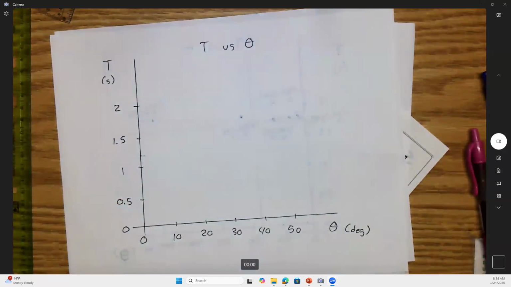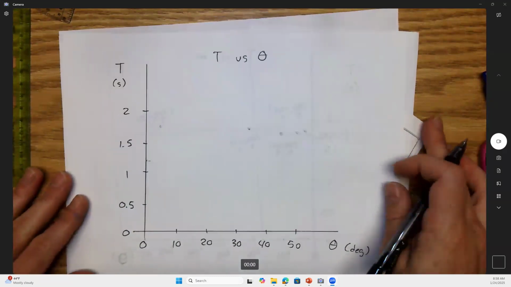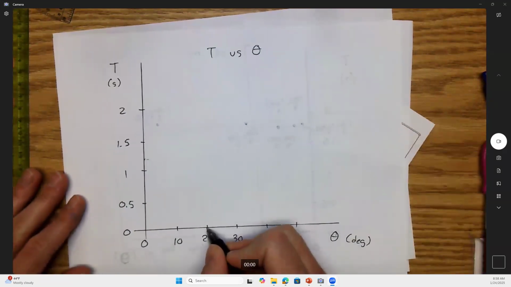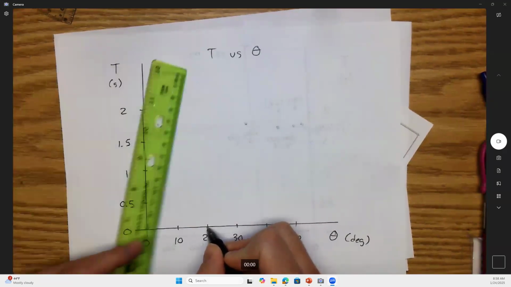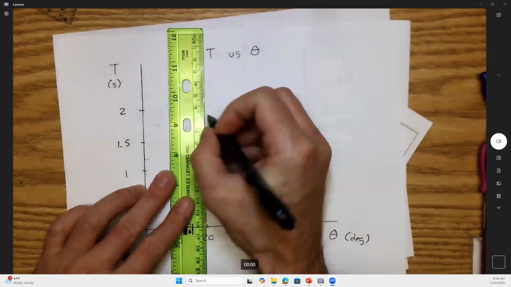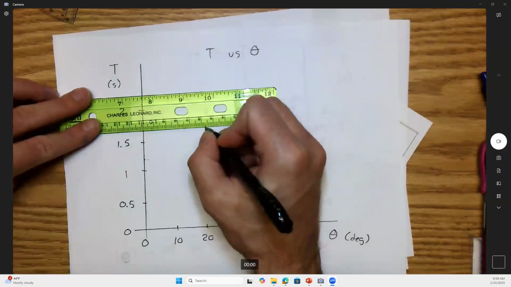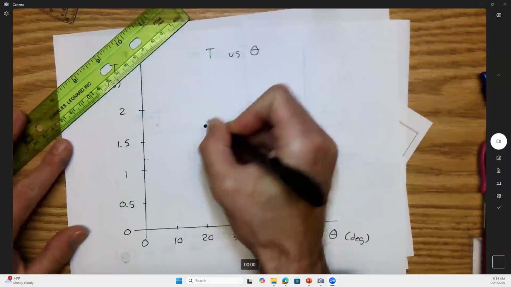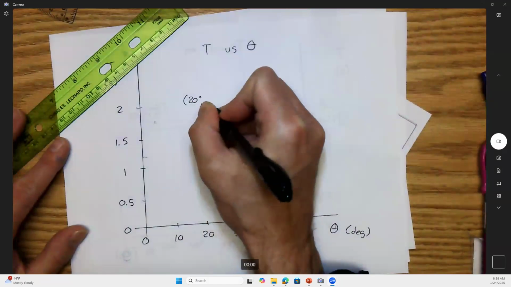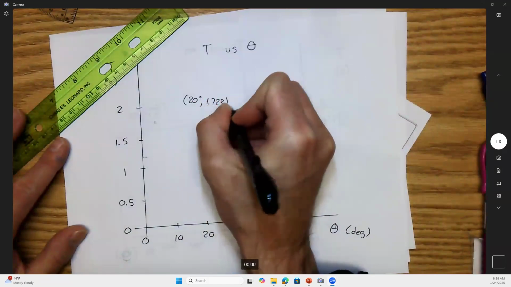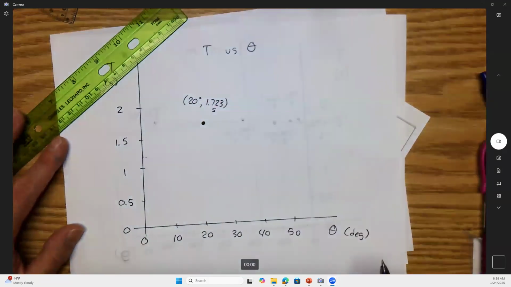What's one coordinate? One coordinate we had was an angle of 20 degrees and an average time of 1.723. All right. 20, 1.723. So 20 degrees, 1.723 seconds. Okay. Next one.